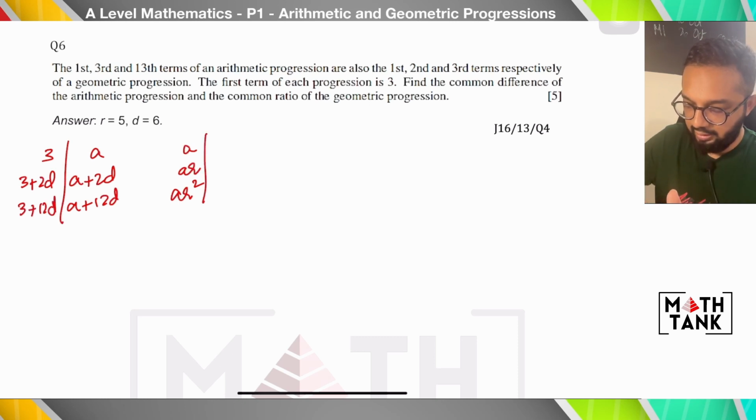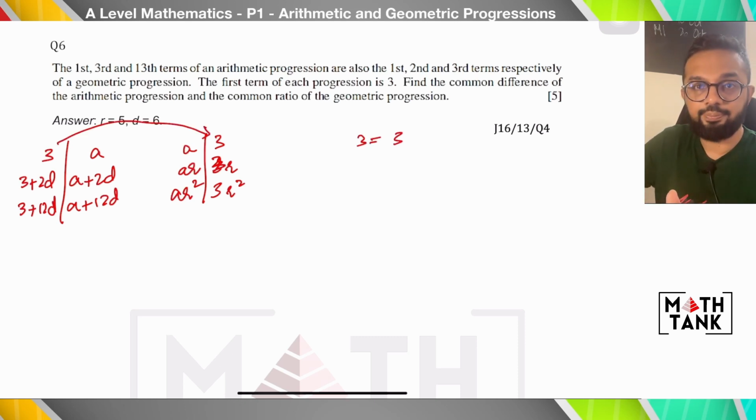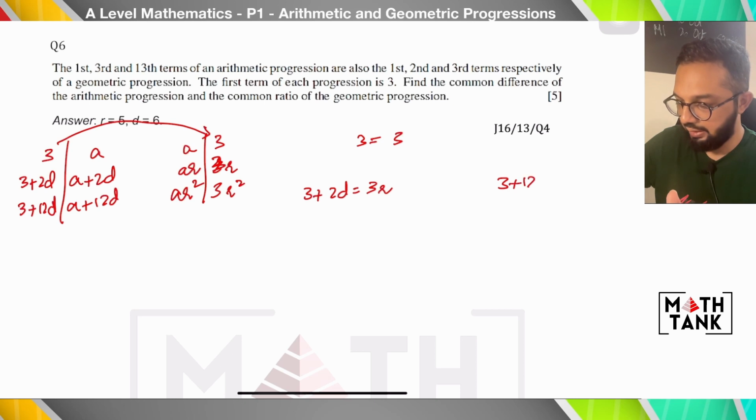And these are actually 3, 3r, and 3r squared. Find the common difference in the arithmetic progression. So this equals that. This is obviously equal to 3. The next one is 3 plus 2d equals 3r, and 3 plus 12d equals 3r squared. That tells me that I have two equations, two unknowns. I can possibly solve them simultaneously.